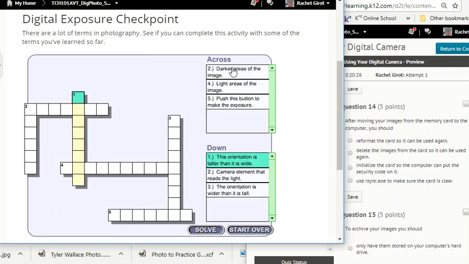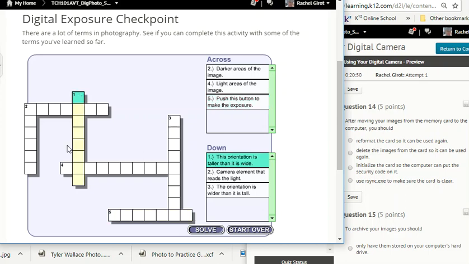Dark areas of the image. 2 would be shadows. 4, light areas. Highlights. Push this button to make the exposure. Shutter. 1 down. This orientation is taller than wide.